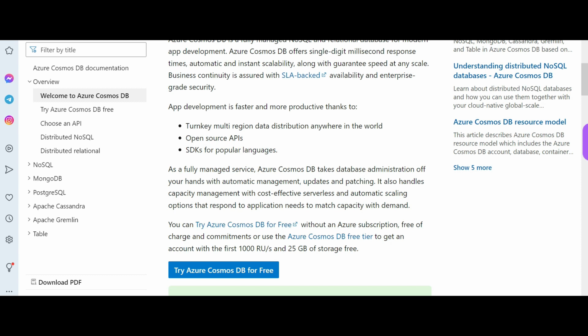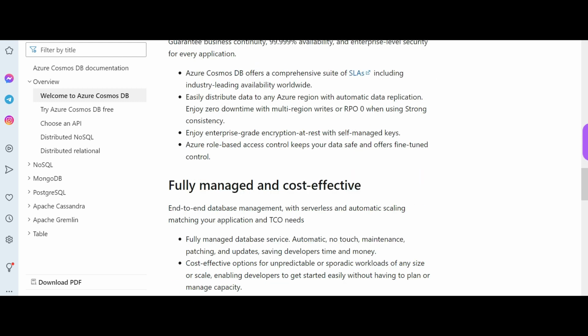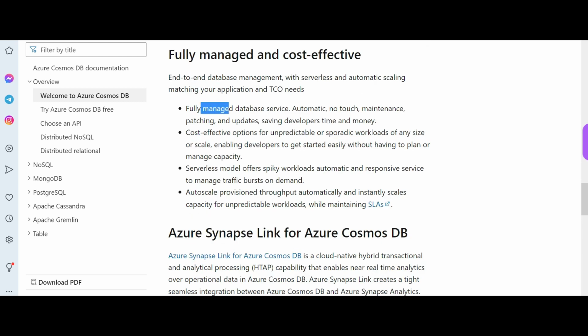Key thing is it has multi-region data distribution. It has 99.99% availability. You can encrypt the data at rest. It's fully managed. That means Azure manages it, and you don't have the headache of managing it.